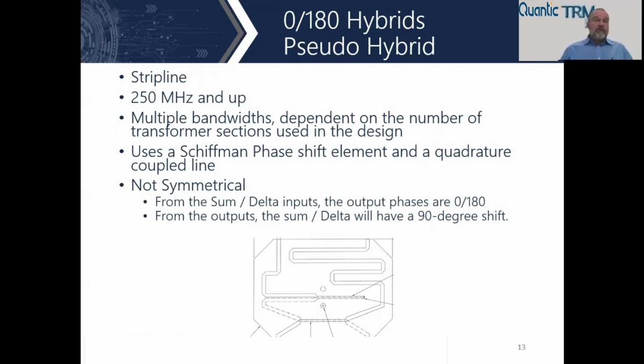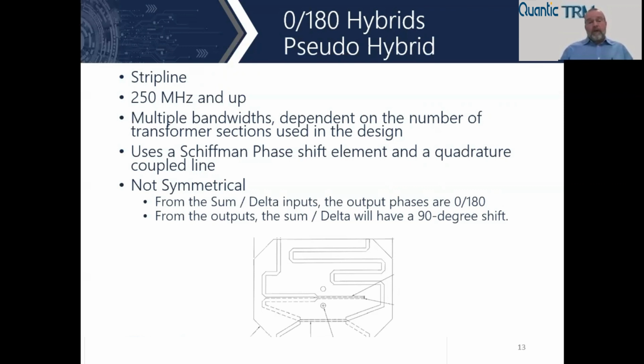So driving this in the forward direction, it looks identical to the tapered line coupler that we just discussed. The reverse of this, though, is that when you drive this backwards, the phase relationship between the sum and the delta port is not 180 degrees like it is in the previous configuration. That phase is 90 degrees.